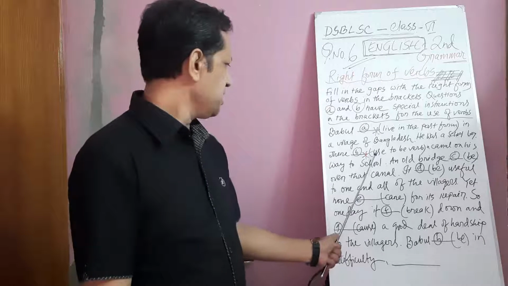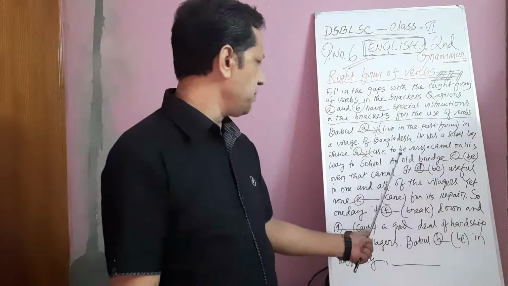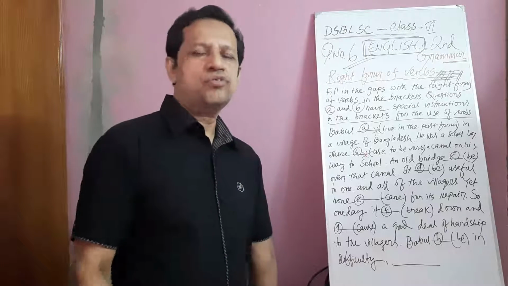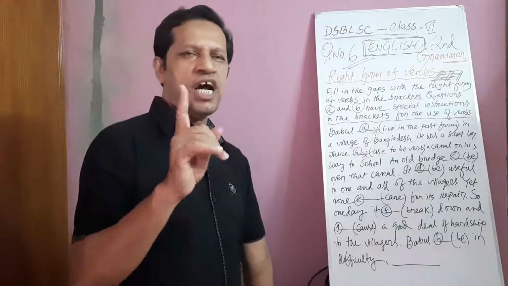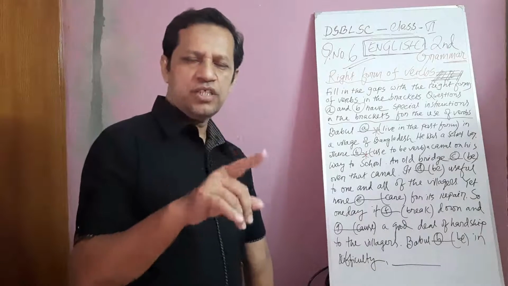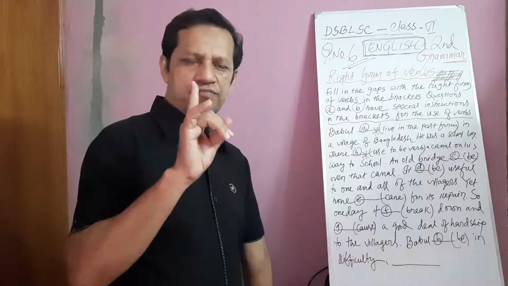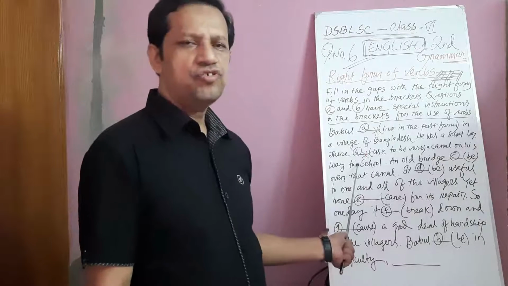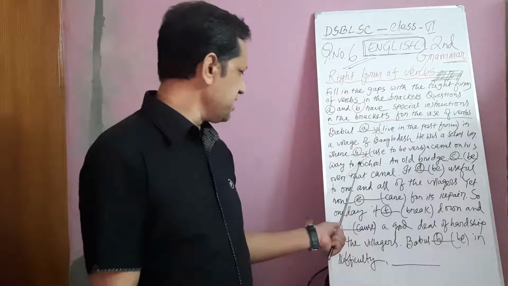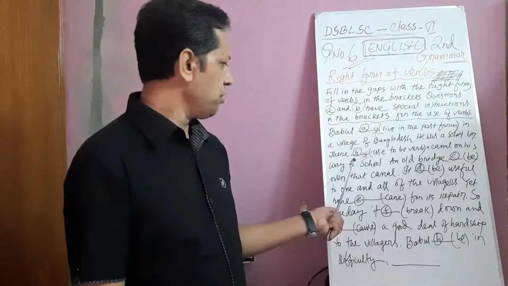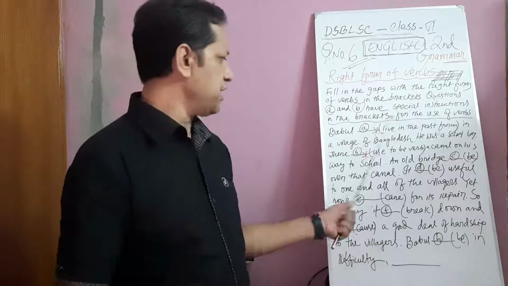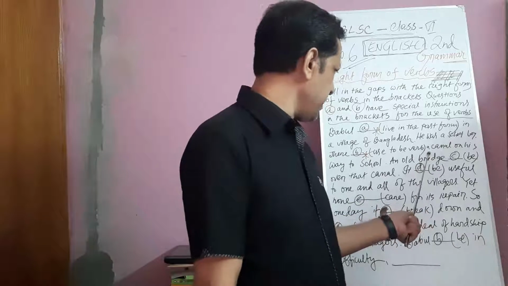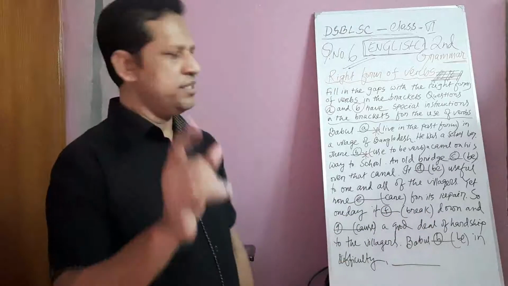There, use the to be verb. I told you, to be verb means am, is, are for the present tense, was and were for the past tense. So the passage is about a past incident. That's why we have to use was or were, because there is a singular subject. That's why we have to use was.